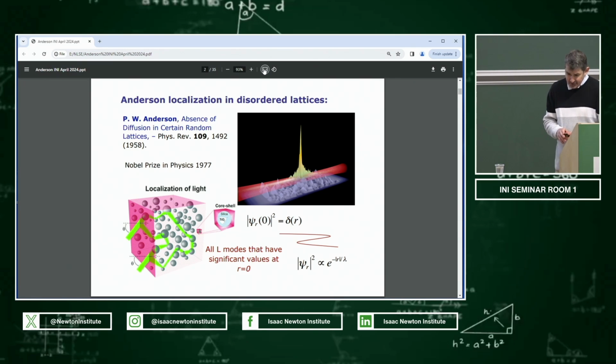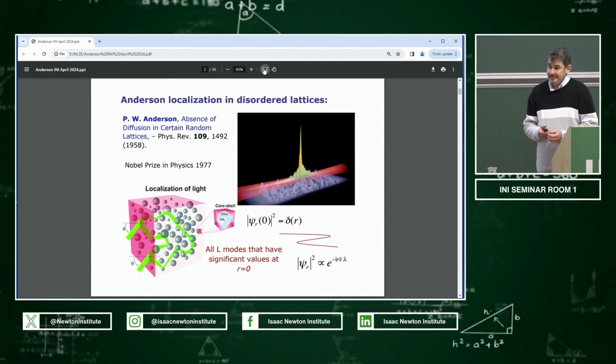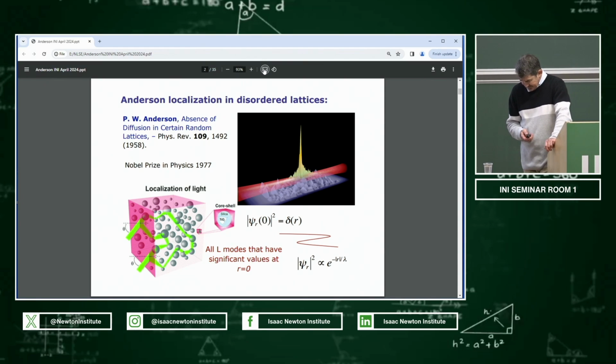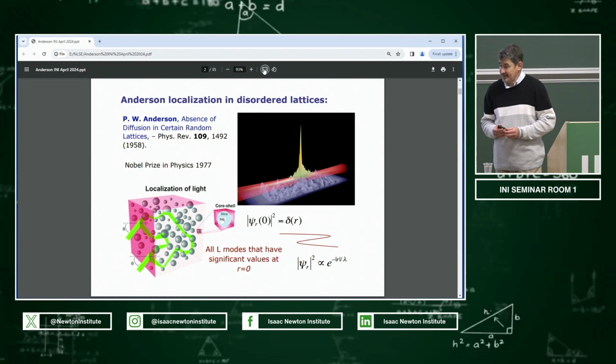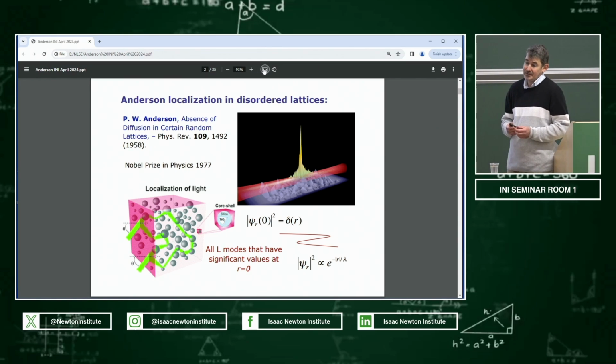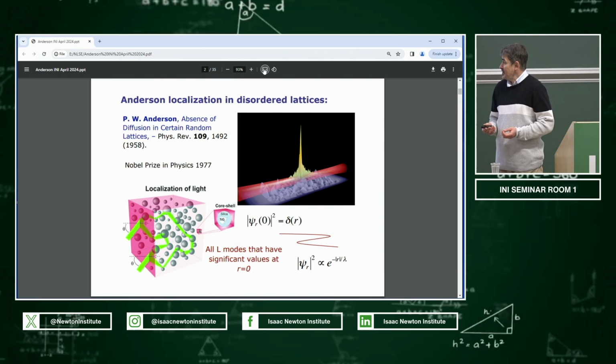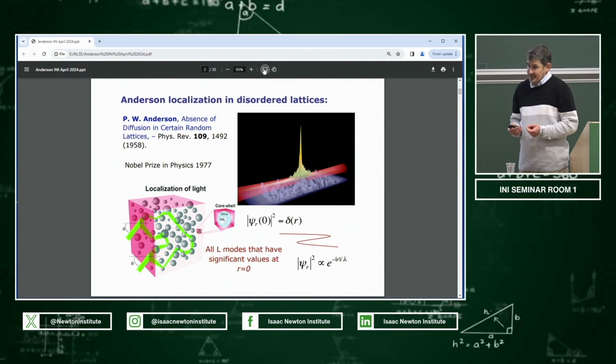I will introduce the linear problem a little bit first, within 2 slides, and then I proceed with the nonlinear problem. I will assume that roughly you are familiar with the linear problem and with what Anderson localization is. In condensed matter physics, it's the absence of diffusion of waves in a disordered medium. Why this? Because structural inhomogeneities of the medium scatter components of the wave field.